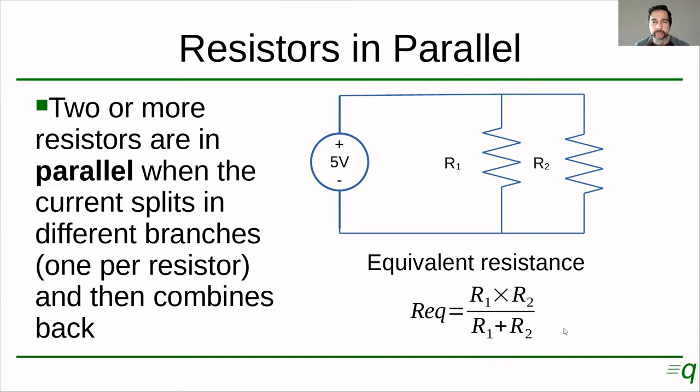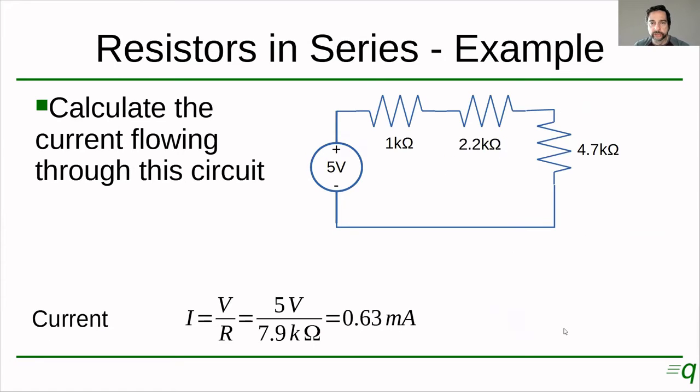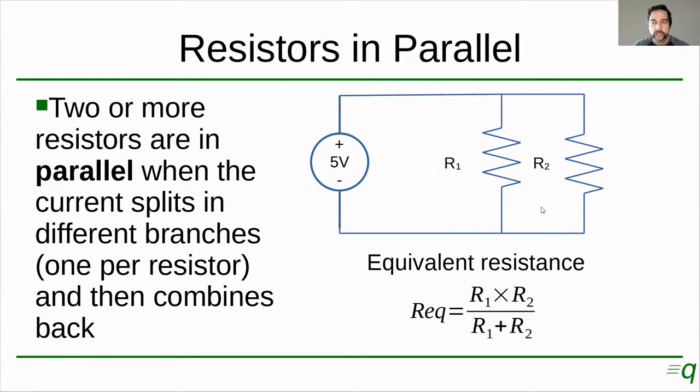Keep in mind that in the previous example with the resistors in series, as we add more resistors, the total resistance increases, right? We're adding more resistance in the path of the current. When we have resistors in parallel and we add another resistor in parallel, we are providing an alternate path for the current to flow.